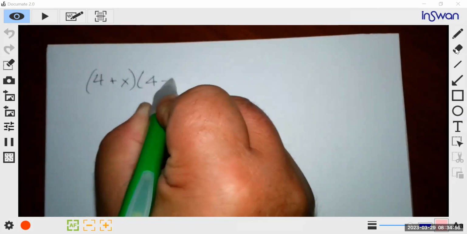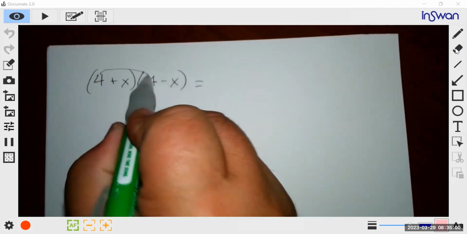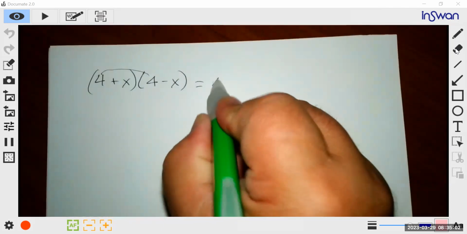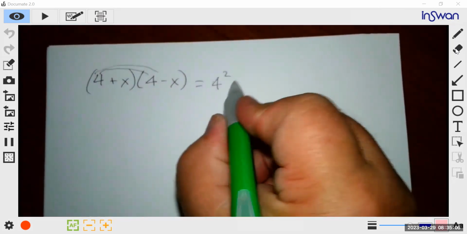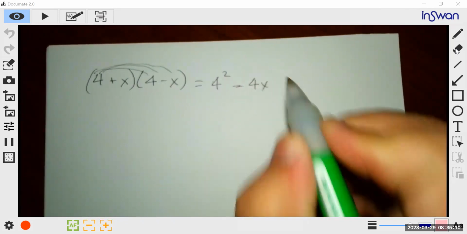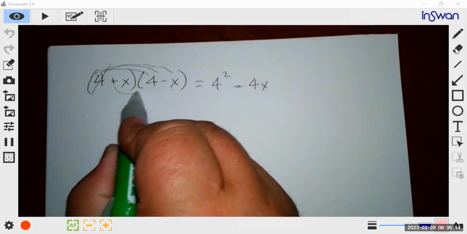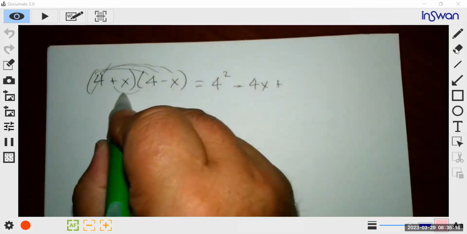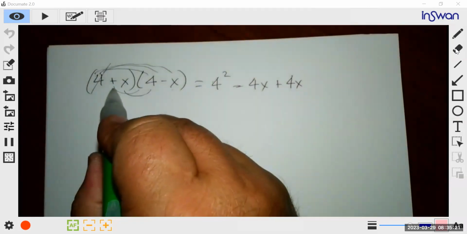4 plus X, 4 minus X. 4 times 4 is 4 squared. Let's do it this way. Positive times negative is negative. 4 times X is 4X. So that's done with this one, because I've done them both. Positive times positive is positive. X times 4 is 4X.